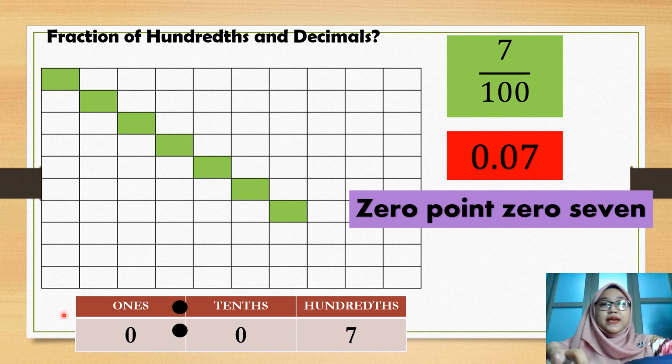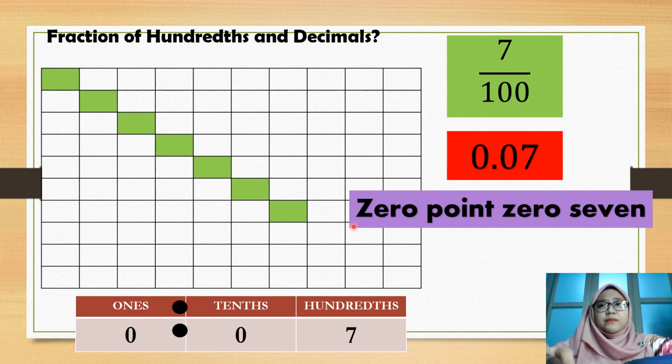It doesn't matter how you color the 100 grid, as long as you color part of it. For example, I colored 7 parts of the 100 grid.